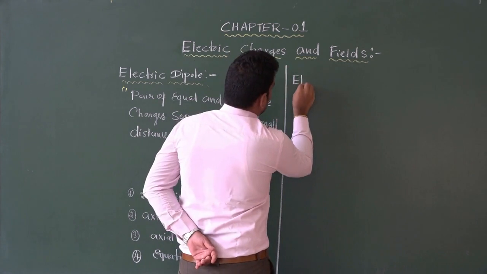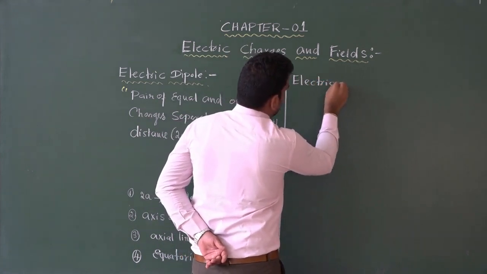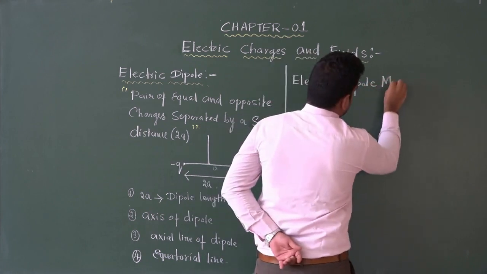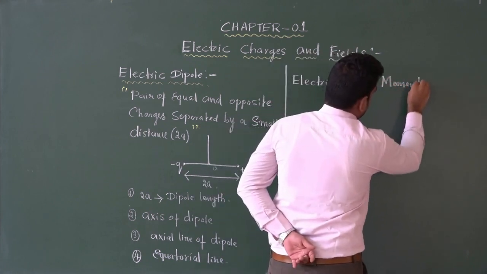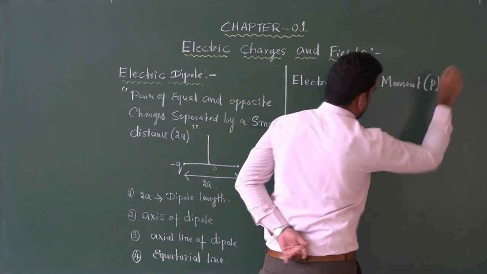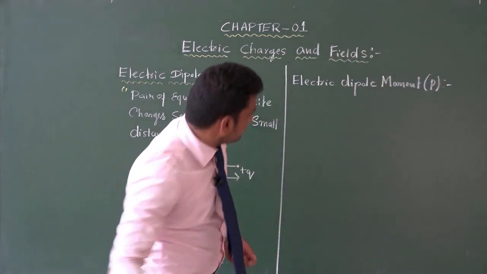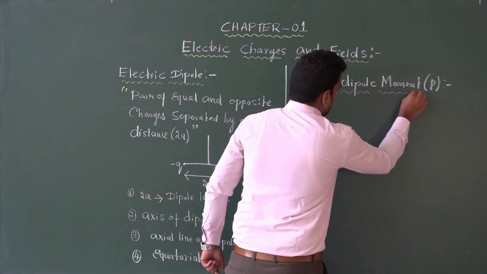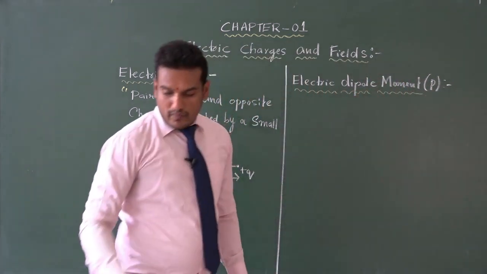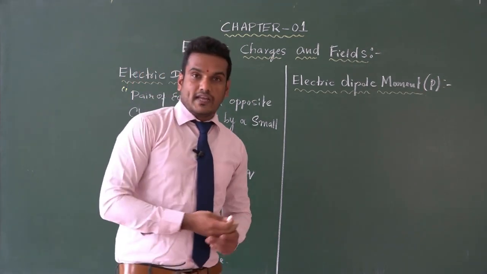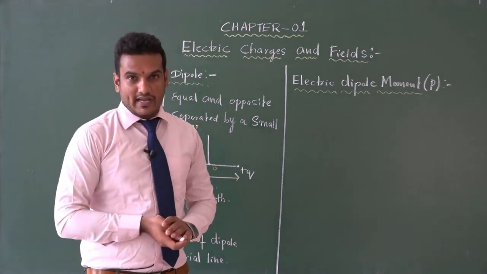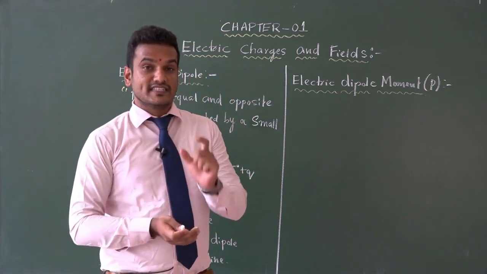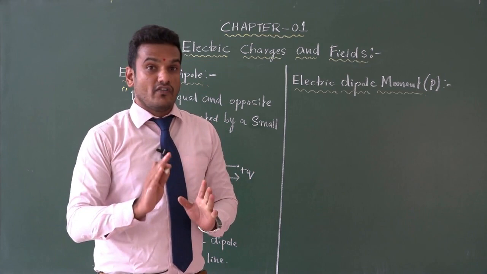electric dipole moment, which is indicated by P. Electric dipole moment of an electric dipole can be defined as the product of the magnitude of either charge and the distance between the charges of an electric dipole.